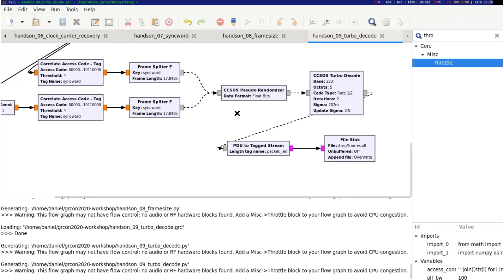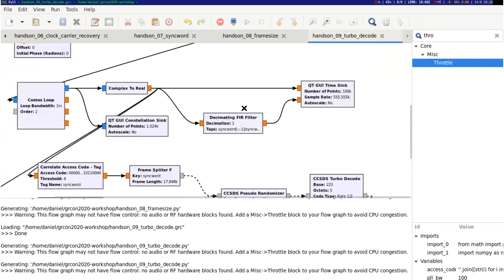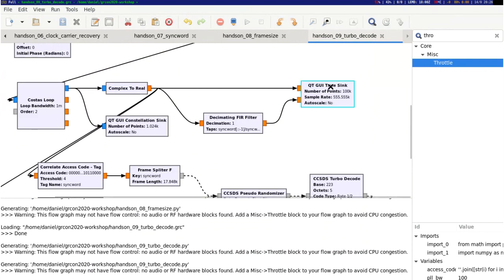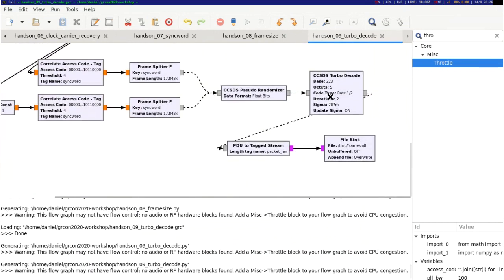And as said, this doesn't run in real time. If you run it, you'll find that the graphical part of the decoder, this GUI sink, which shows the symbols and everything else, will finish at some point, but your CPU load will still be quite high because the turbo decoder has a large backlog of undecoded messages and is going through all of them.